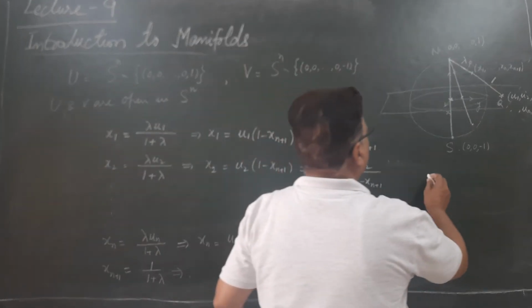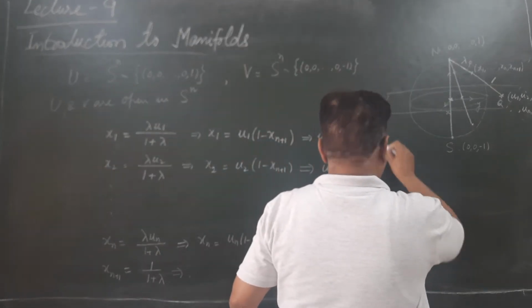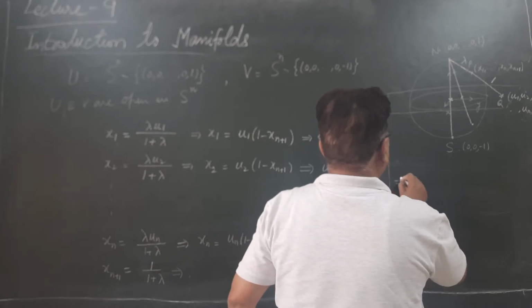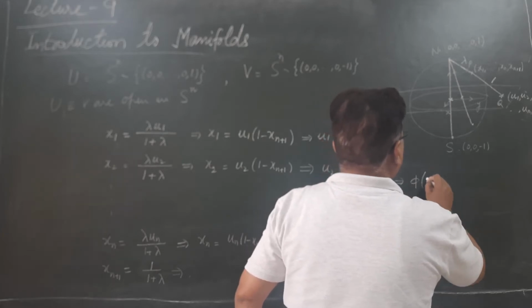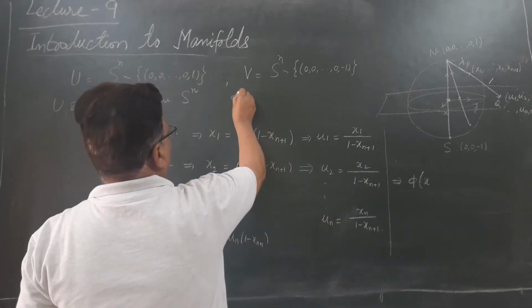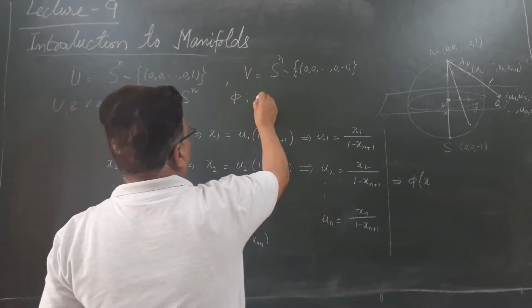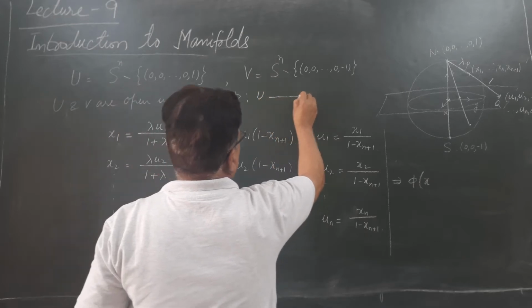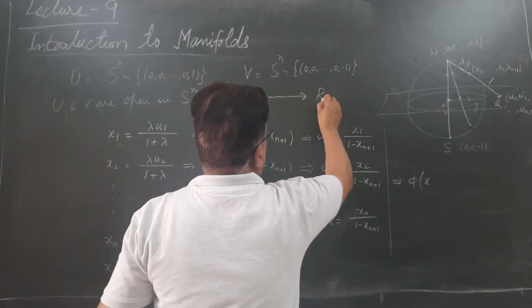सो व्हाट डेफिनेशन इमर्जेस? So this implies all these calculations give you that, let me call this map as phi. So phi is a map which is a stereographic projection. It's a map from U to Rn.